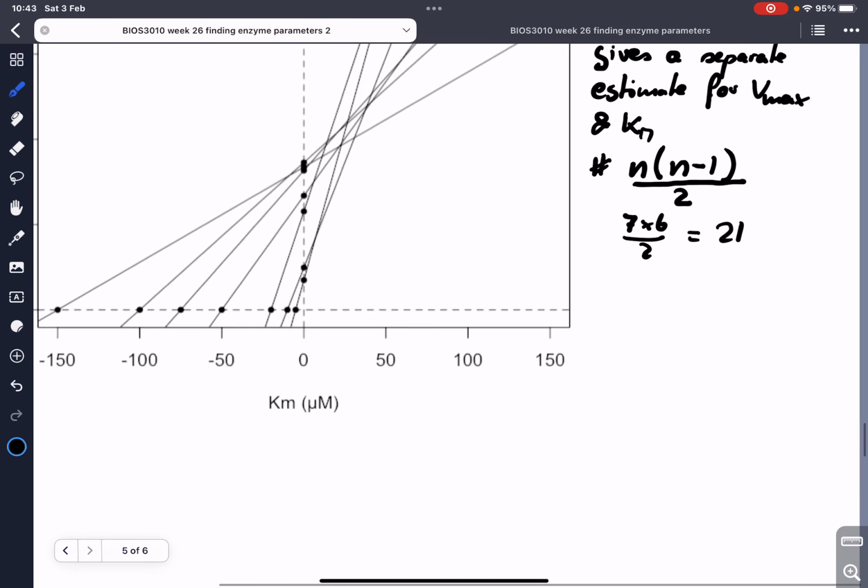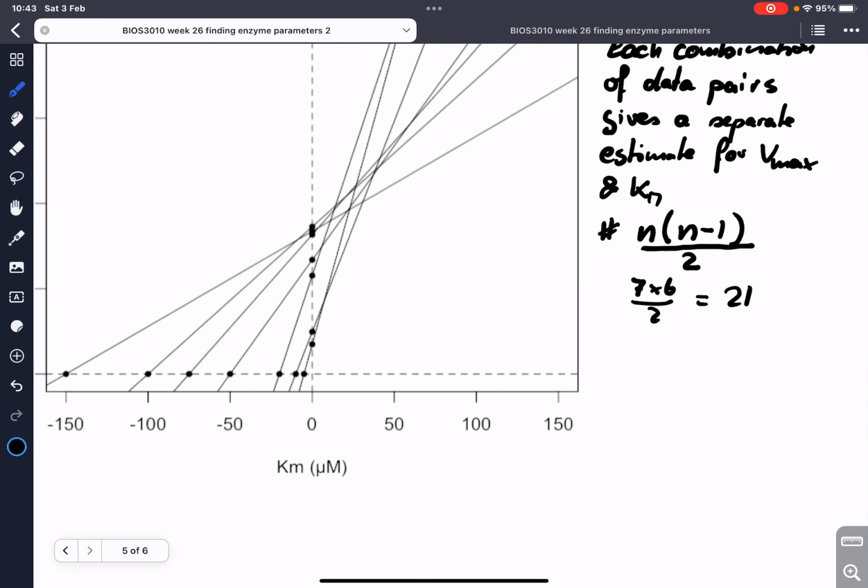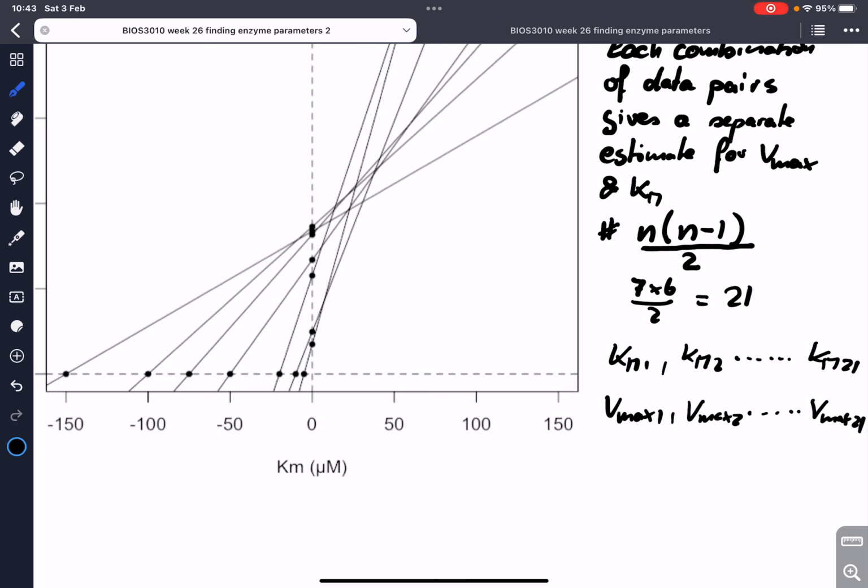And now we can say we've got Km1, Km2, and so on and so forth until Km21. And we have also Vmax1, Vmax2, and so on until Vmax21. And what we can do now is a little bit of statistics with it, and we can say, right, what would be the median?